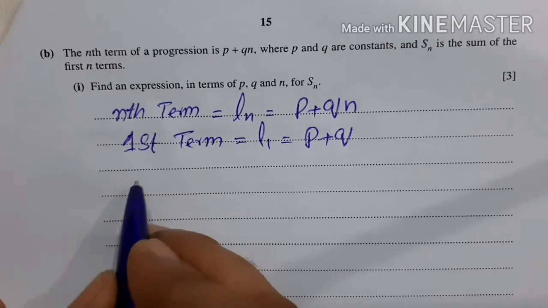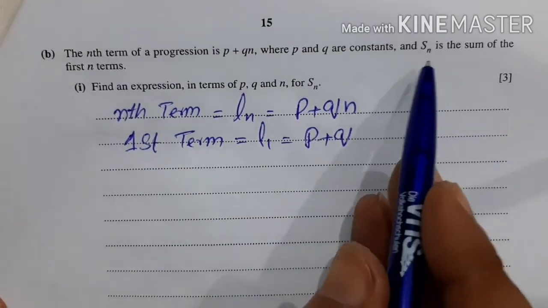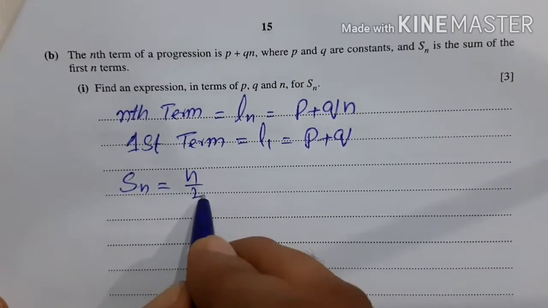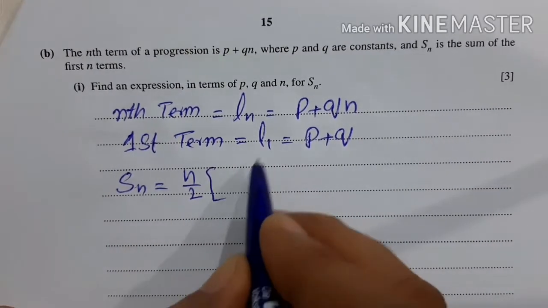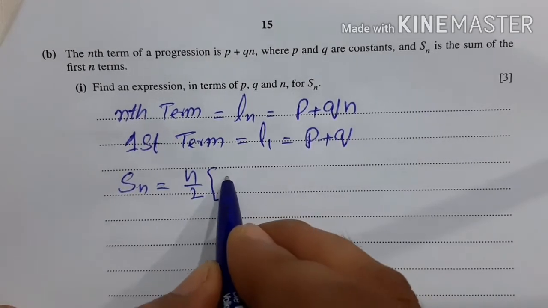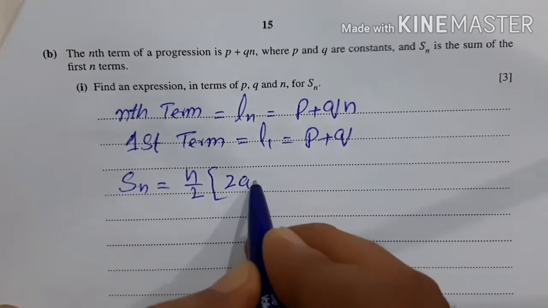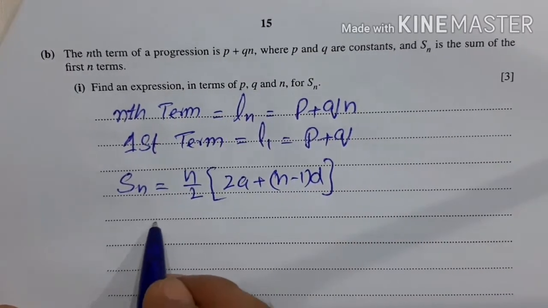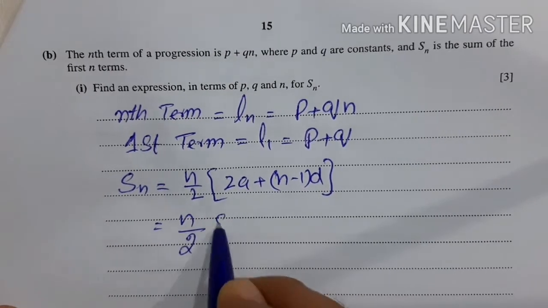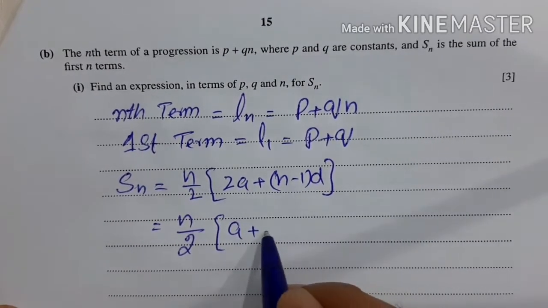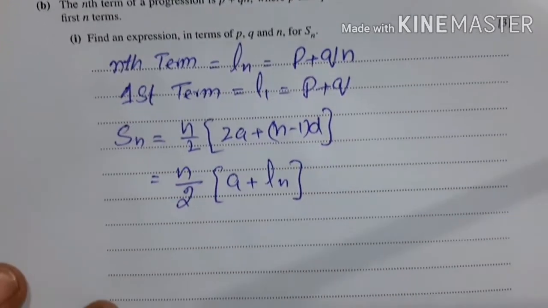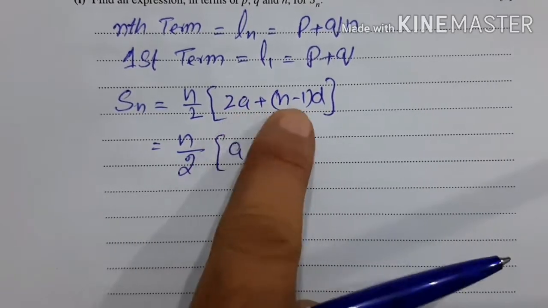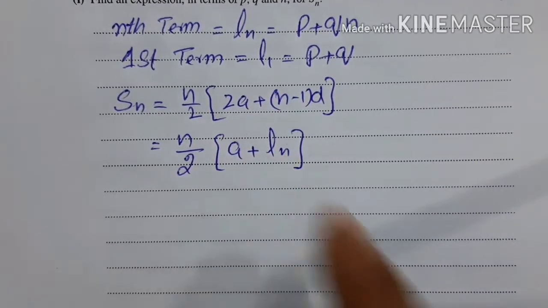Now we know the formula for the sum of n terms, that is Sn is equal to n over 2 into 2a plus n minus 1 d. This formula can also be written as a plus the last term, because this can be written as a plus n minus 1 d, which is the last term.